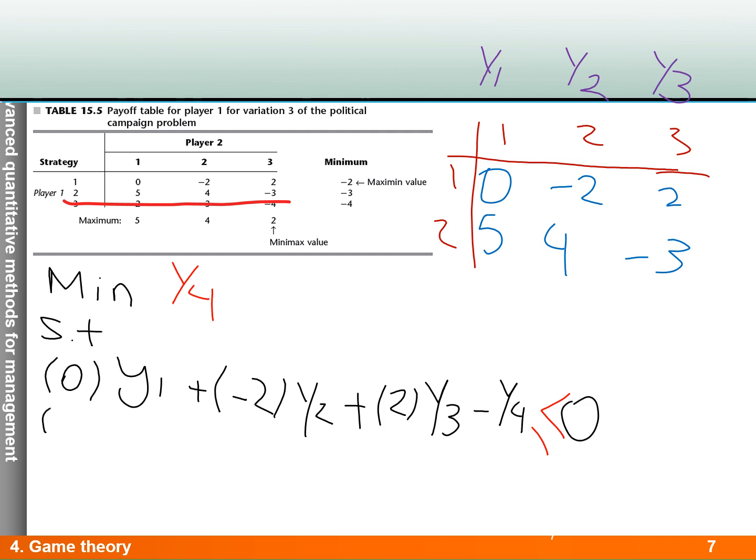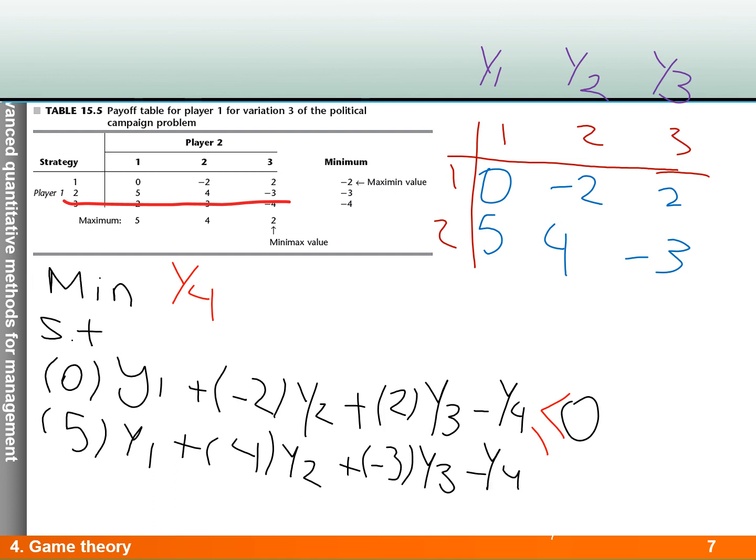The other one is 5 multiplied by y1 plus 4 multiplied by y2 plus minus 3 multiplied by y3 minus y4, the value, again, less than or equal to 0.